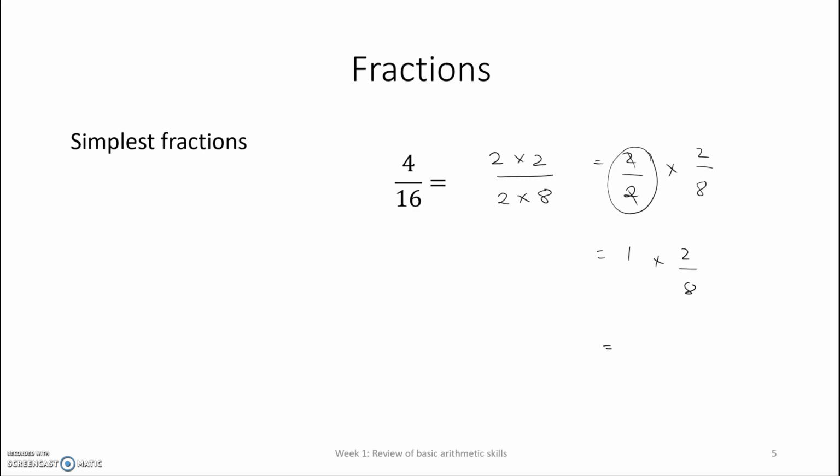We could then write that as 1 times 2 over 4 times 2. And again, we could split that off, and 2 over 2 is 1. So then the final answer is 1 over 4 times 1, which I don't need to write. So we always try and write them in their simplest form.